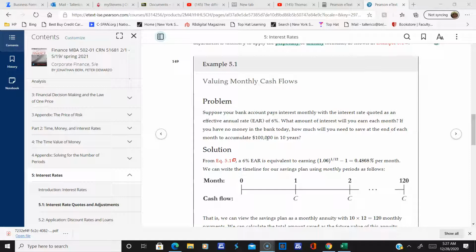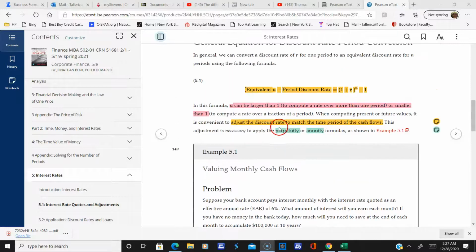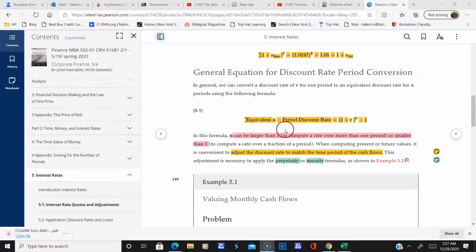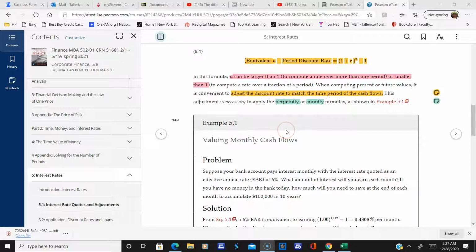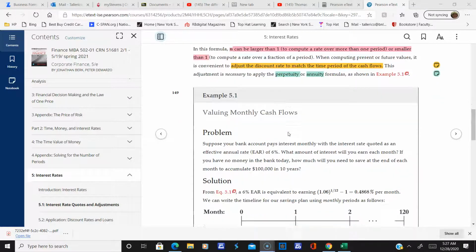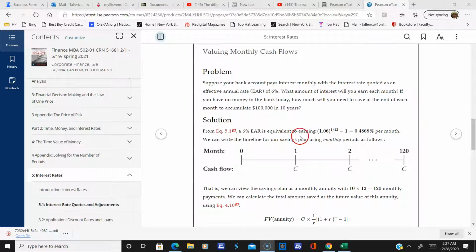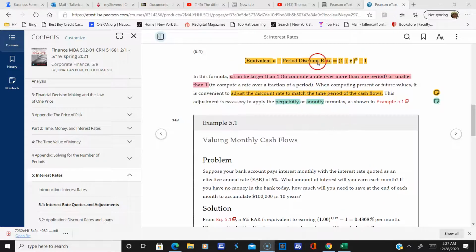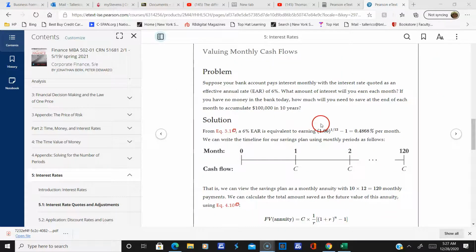All right, so this is an effective rate of 6%. So we use equation 5.1, which we show here. And we use it right here, and you can see we take 1.06, we put the annual rate there, to the 1/12th power.